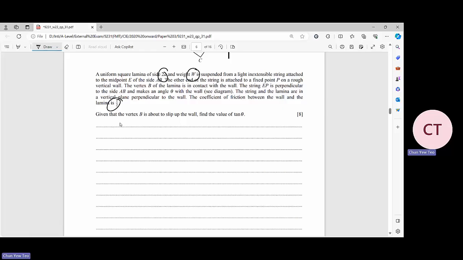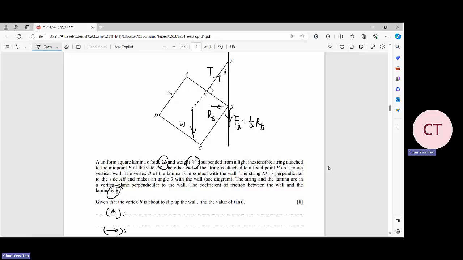Now we will need to resolve the forces vertically and horizontally. Since they're in equilibrium, usually we need to resolve the forces vertically and horizontally.